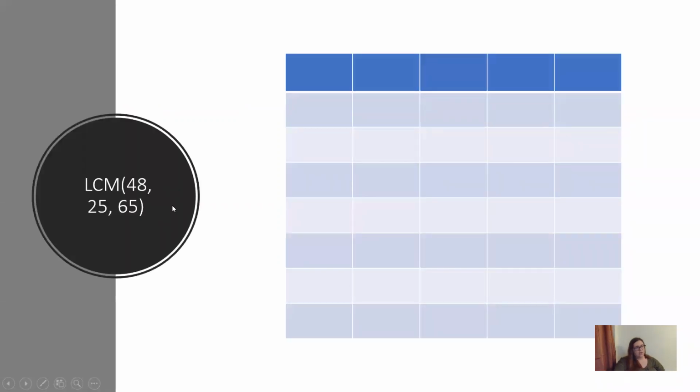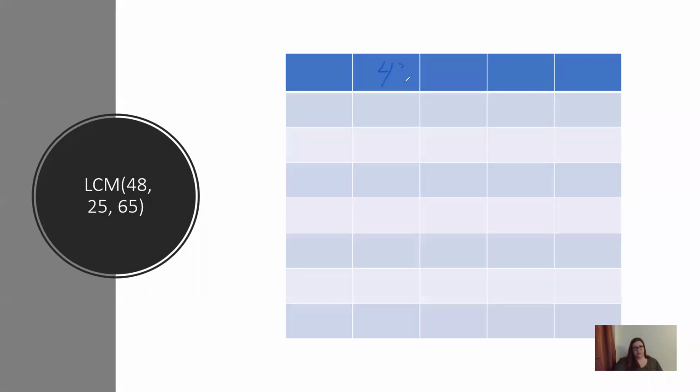So here we have a least common multiple chart. Okay, so we have the numbers 48, 25, and 65. So we're going to plug in.